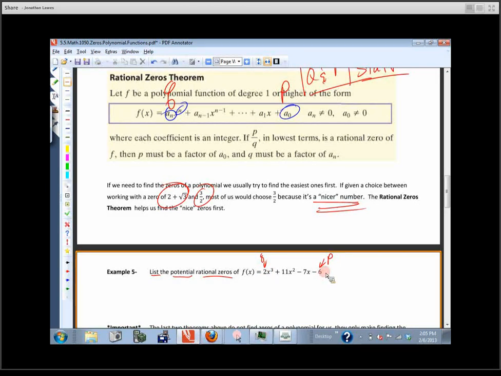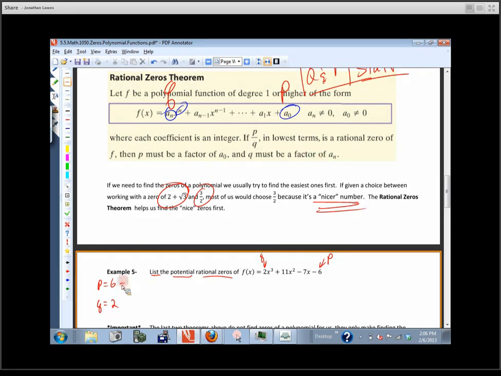Here's why I kind of like P and Q rather than Q and P. P has to go on the top, Q has to go on the bottom. So P in this problem, all you need is the number 6. You don't really care whether it's positive or negative. What's Q? Q is 2. So P must be a factor of that number on the end, and Q must be a factor of the coefficient at the beginning.